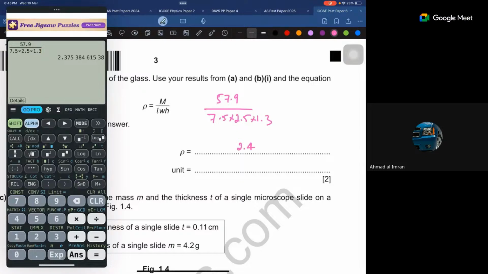Actually 2.4. Then the unit will be grams per centimeter cube, because these were in centimeter cube and that was in grams.